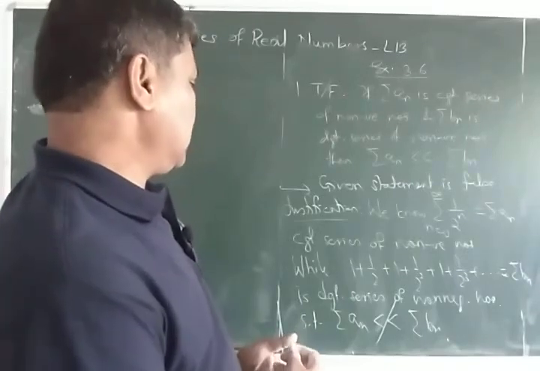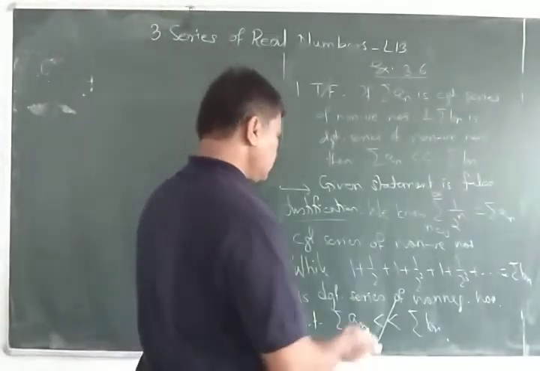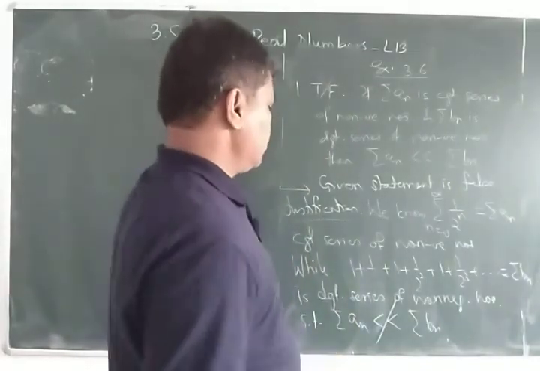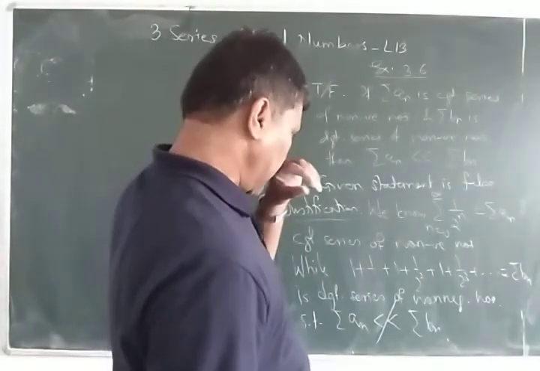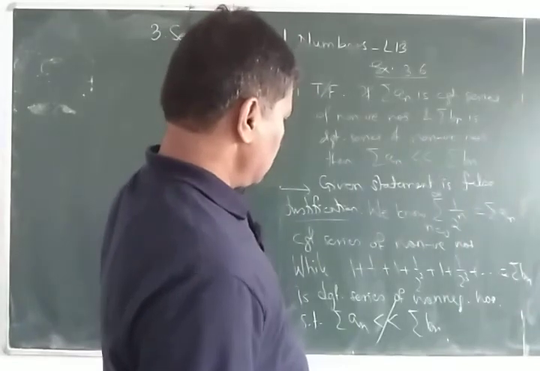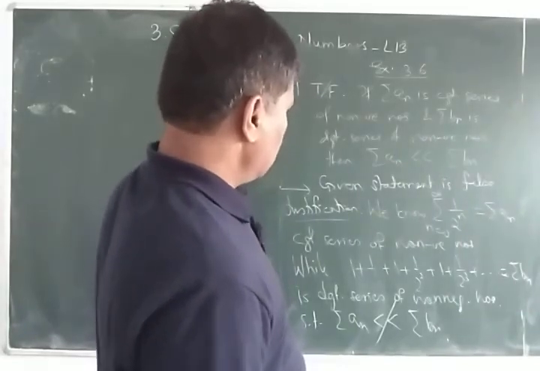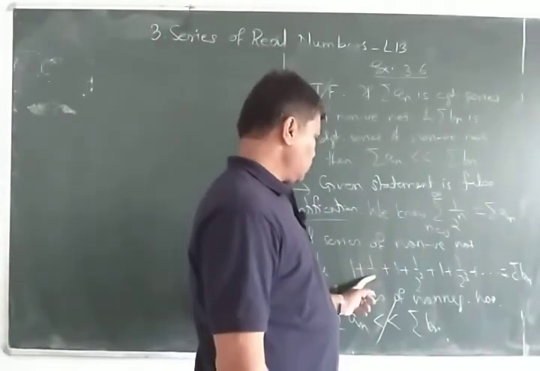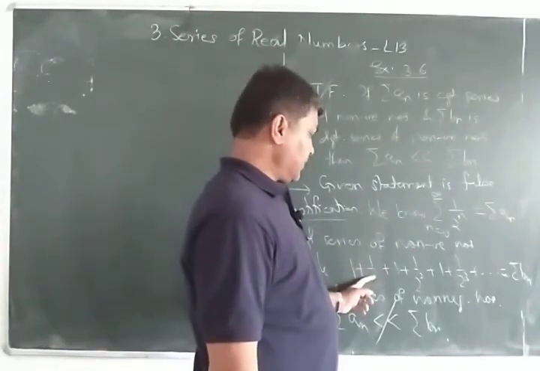Or here, if I take, say, this is summation of 2 raised to n, so I will get the second term to be 1 half there.